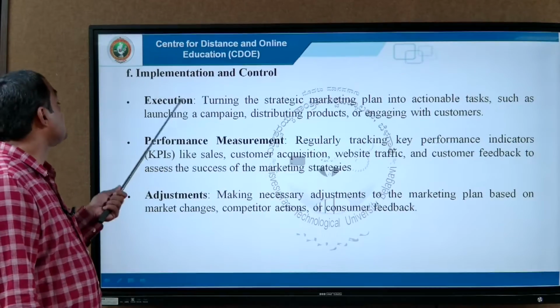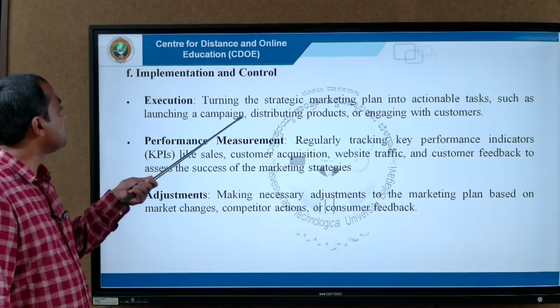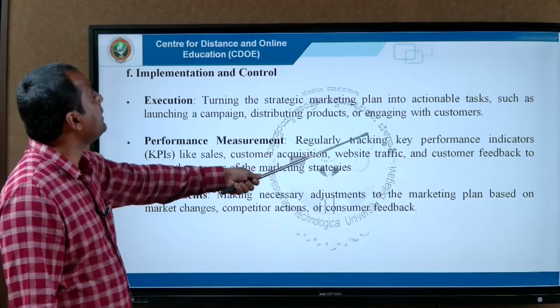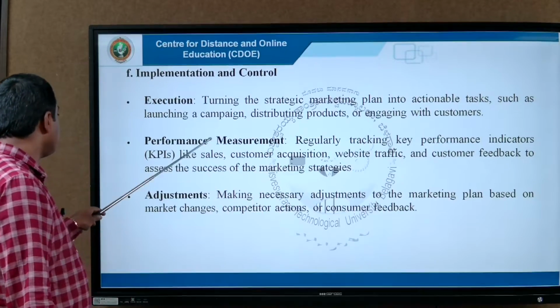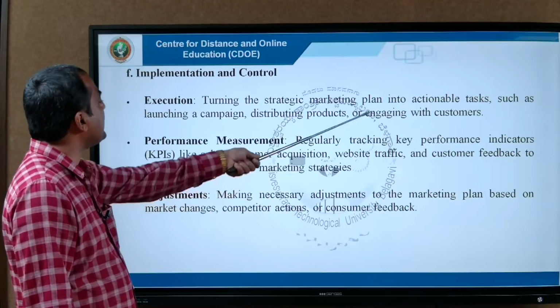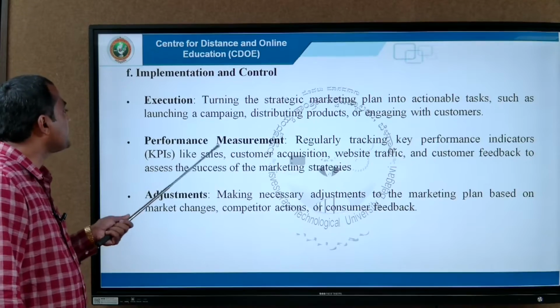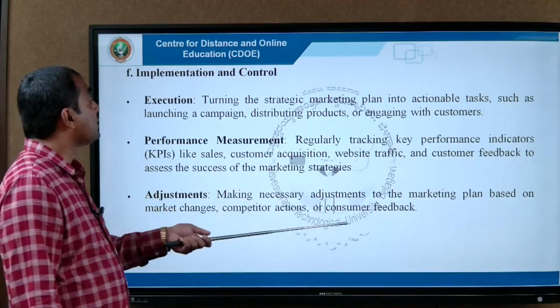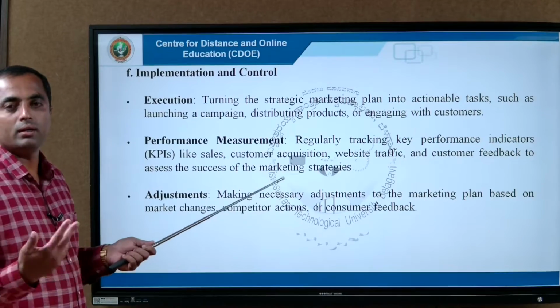The last step is about implementation and control. So execution: turning the strategic marketing plan into actionable tasks such as launching the campaign, distributing the products or engaging with the customers. Next is performance measurement. Regularly track key performance indicators like sales. How are your sales doing?